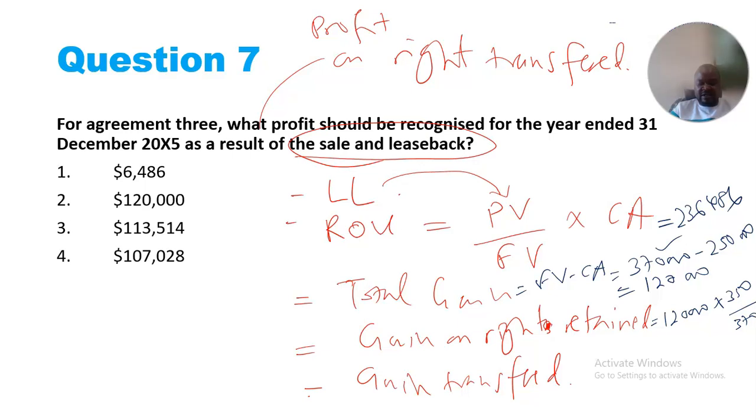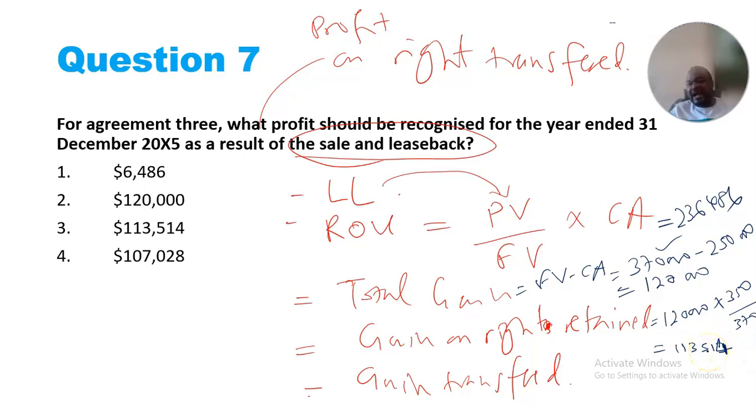370 multiplied by 120,000. So we can see that the gain on rights retained is 113,513. Okay, it can be 514.